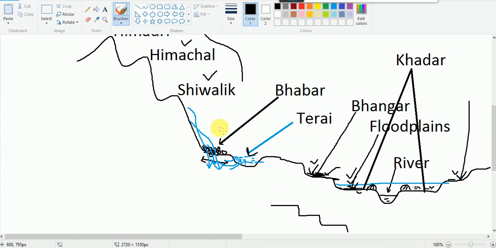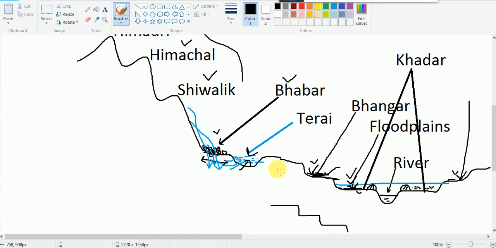And just at the foothills of the Shivalik, you'll find deposits of pebbles and sands in a narrow belt 8 to 16 kilometers wide, and all the streams flowing down from the Shivalik will disappear here. This belt is known as bhabar. And just south of bhabar, all the river water that has sunk underground will re-emerge here, thus forming a wetland, and this is known as terai.